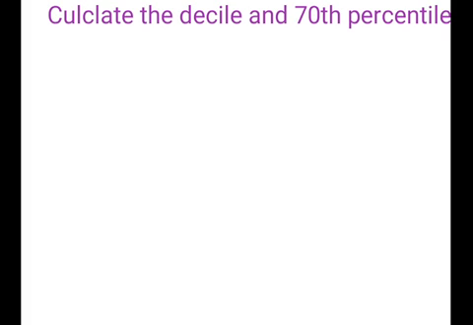You have the data below: time in seconds, number of athletes. You have the classes from 43 to 46 up to 63 to 66. Then the number of athletes that are given there are the frequency. We are told to calculate the decile and the 70th percentile.